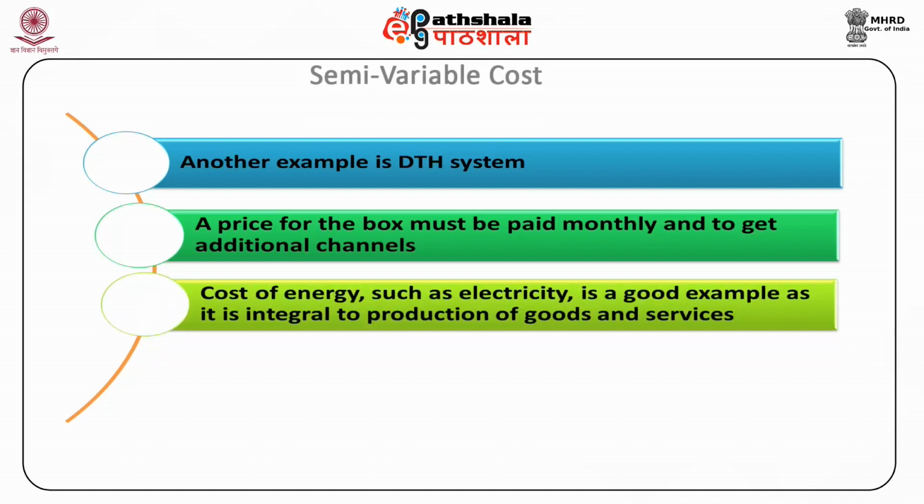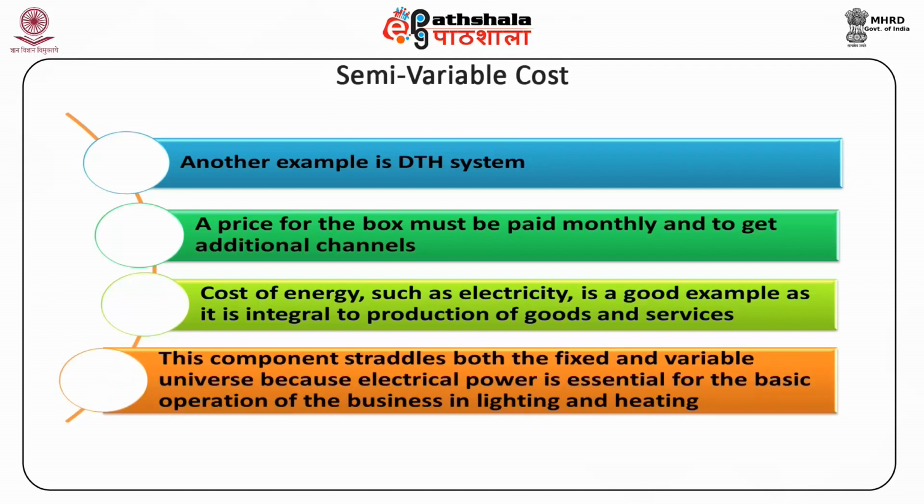Cost of energy, such as electricity, is a good example as it is integral to the production of goods and services. This component straddles both the fixed and variable universe because electrical power is essential for the basic operation of the business in lighting and heating. This portion is a sunk cost that is incurred regardless of production.